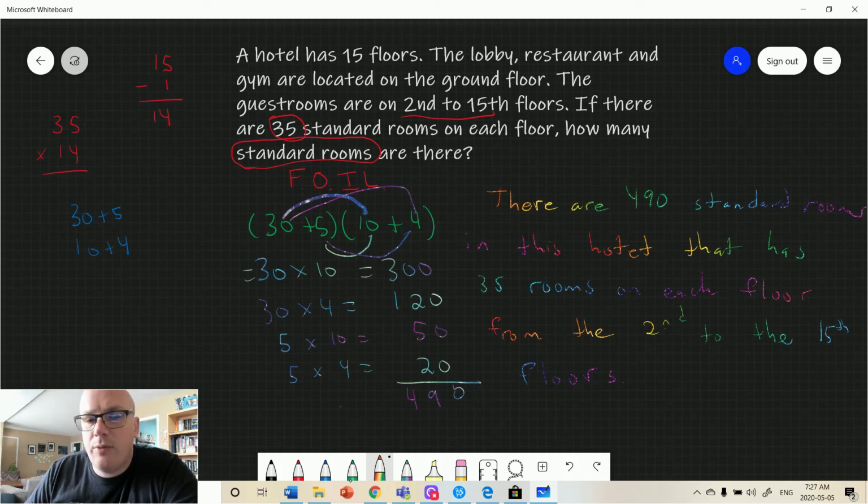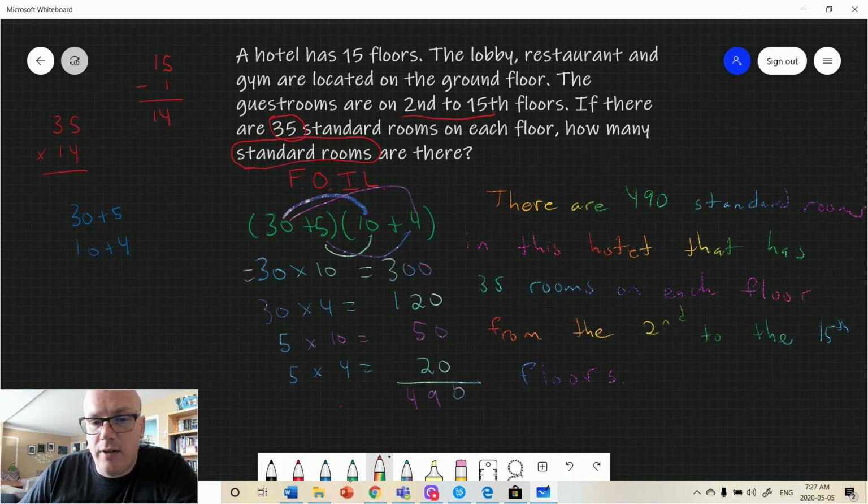Again, reviewing how do we do it, we needed to first find out what was the multiplication equation we were trying to figure out. Well, we had to do some subtraction to do that first. Once we got our equation, 35 times 14, we had to put it into expanded form. 35 becomes 30 and 5. 14 becomes 10 and 4. We put it into our brackets, and then we applied FOIL.